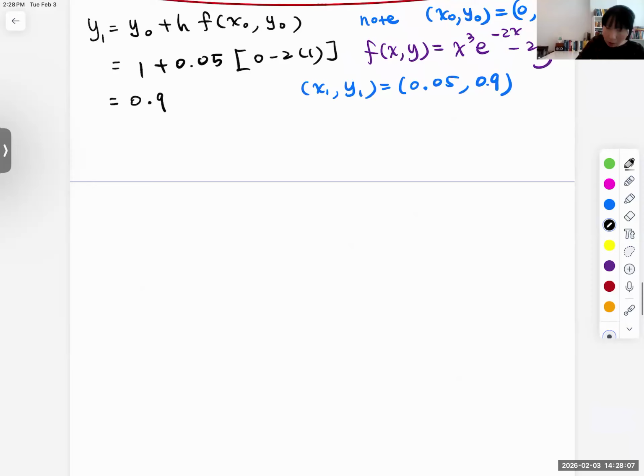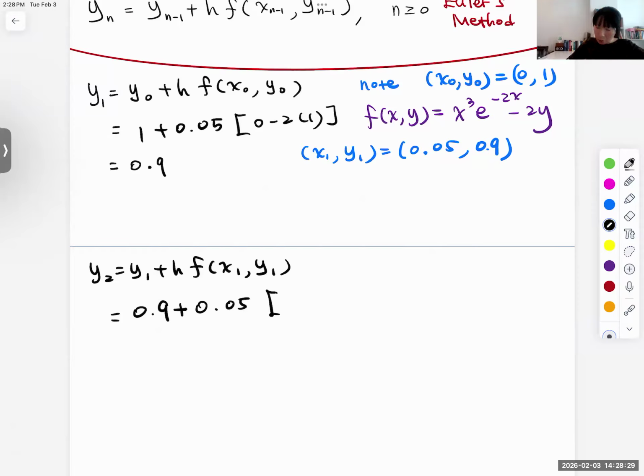So y sub 2 equals y sub 1 plus step size times f of x sub 1, y sub 1, right? So y sub 1, which is 0.9, plus h, which is 0.05, times f of x sub 1, which is 0.05 to the third power e to the minus 2 times 0.05, minus 2y, which is 0.9.